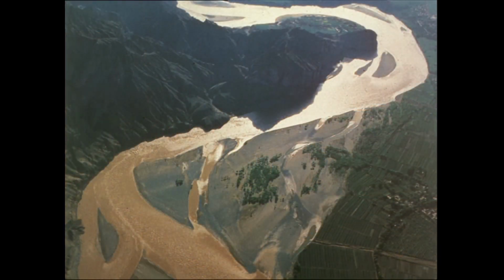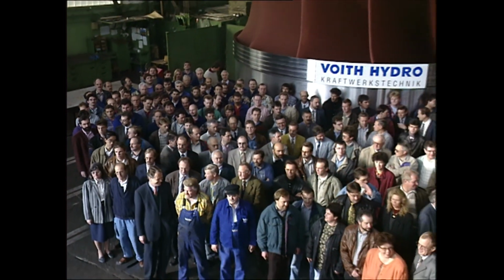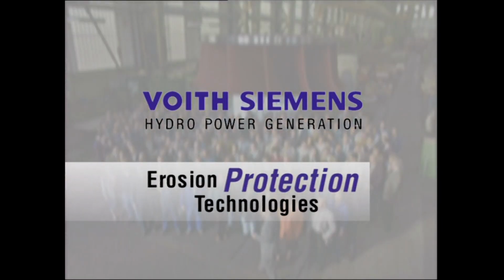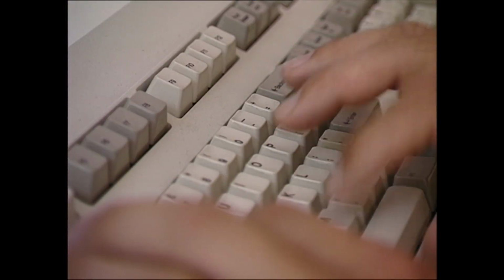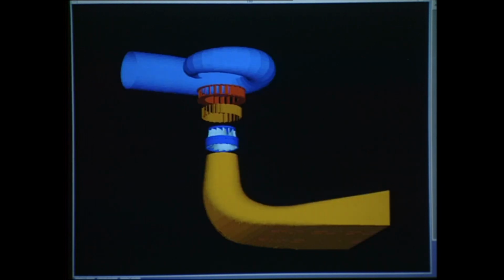Voith Siemens hydropower generation has therefore developed a comprehensive strategy to fight silt erosion. This strategy already incorporates the design of a hydraulic turbine.